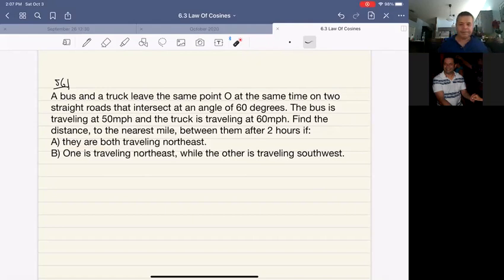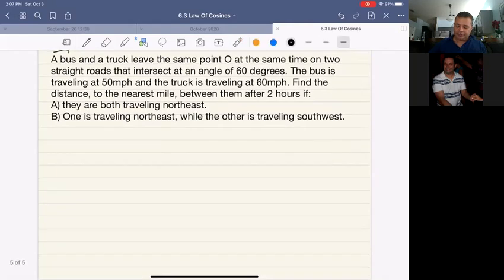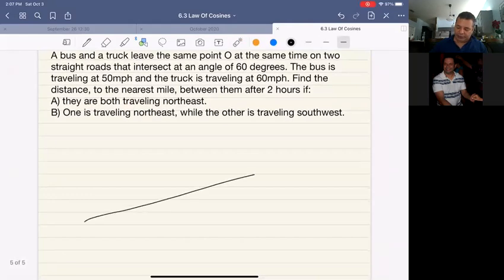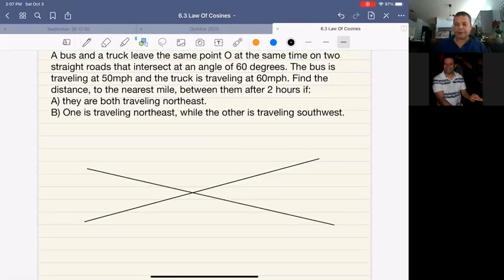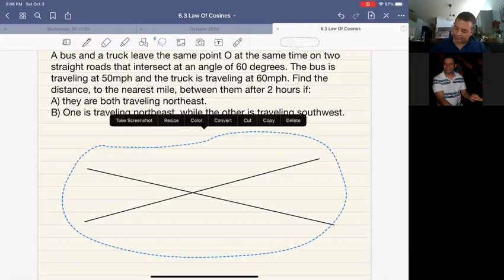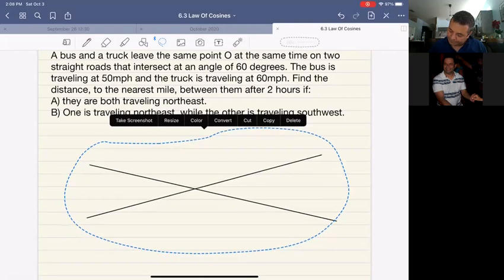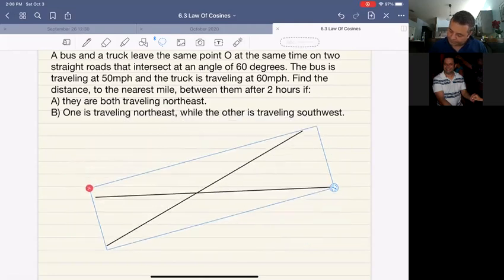Okay. All right, so let's go ahead and draw my roads. So I got a road here, and I got a road here. Okay, we'll say this is northeast. Maybe I could rotate this. There we go.